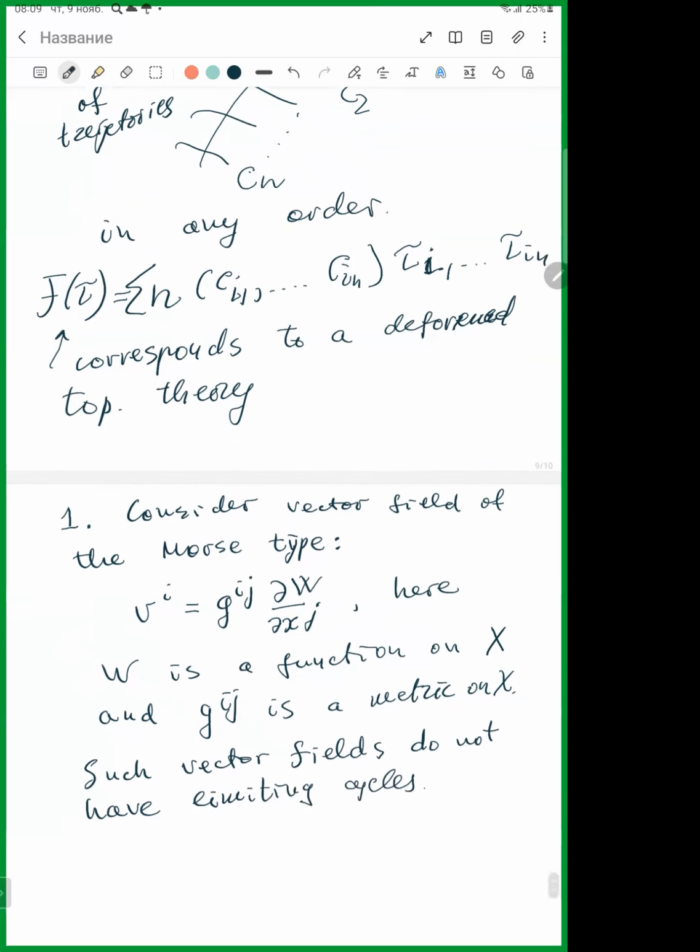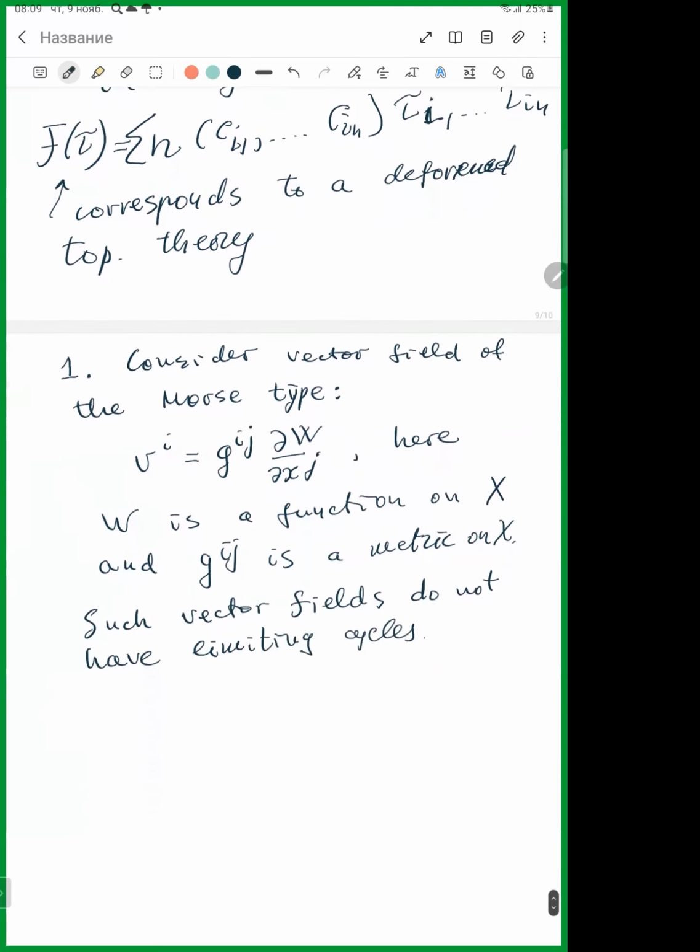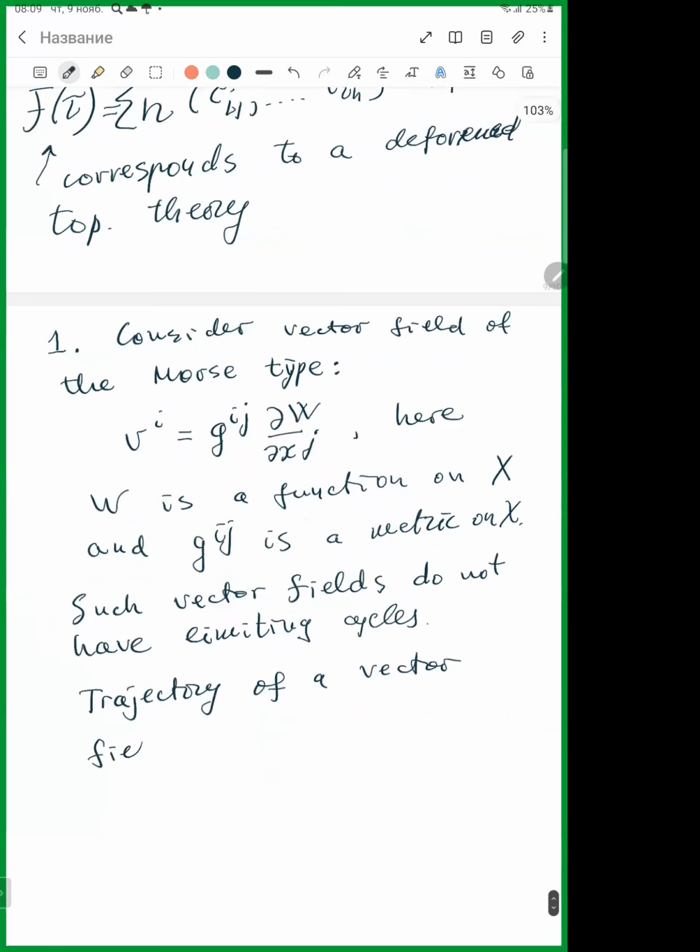So if you don't know what the limiting cycle is, I can just draw you a picture. Trajectory of a vector field can go like this.